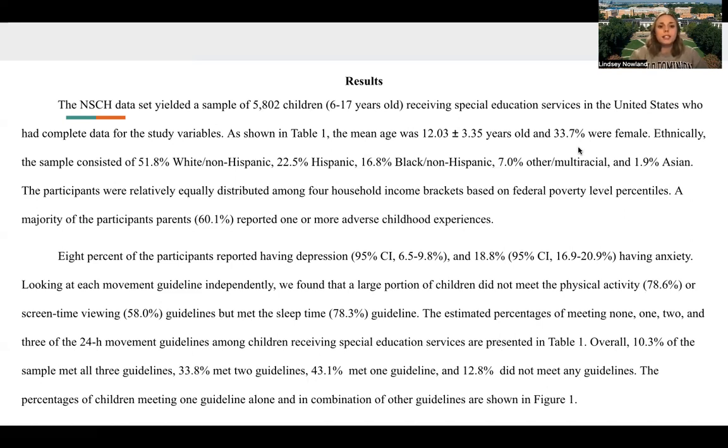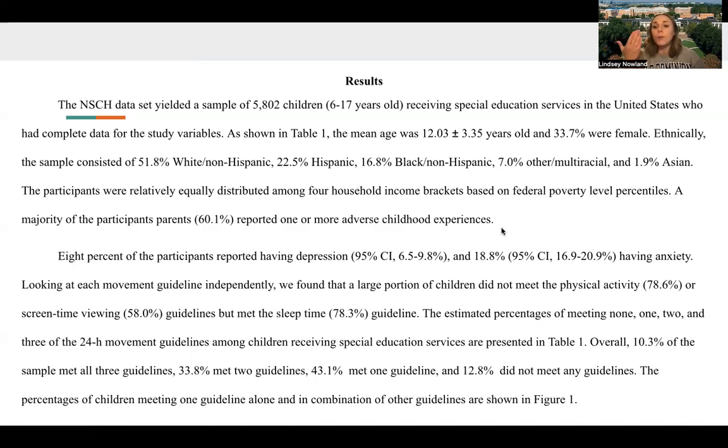The participants were relatively equally distributed among 4 household income brackets based on federal poverty level percentiles. And a majority of the participants' parents, 60.1%, reported one or more adverse childhood experiences. So you can see by taking a look at this first paragraph alone, I've described the amount of participants in the study, the age range, plus the mean and standard deviation of the age of my participants.